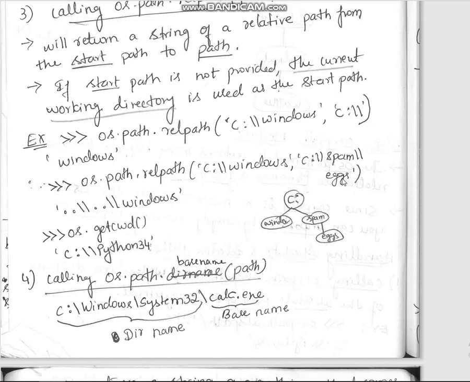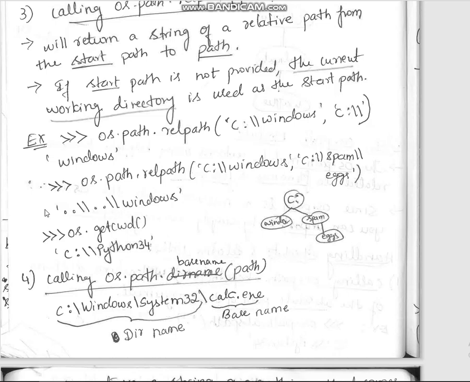So what will be my result now for this one? It shows the relative path as ..\..\Windows. So for these two, it will show it as dot dot followed by Windows. So this is my starting path. Now from my starting path, I should come back to C:\Windows.